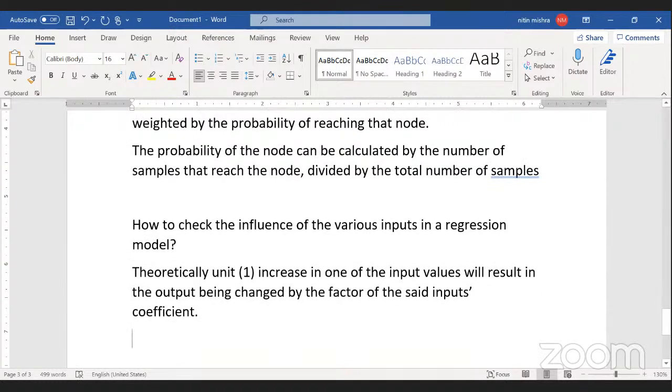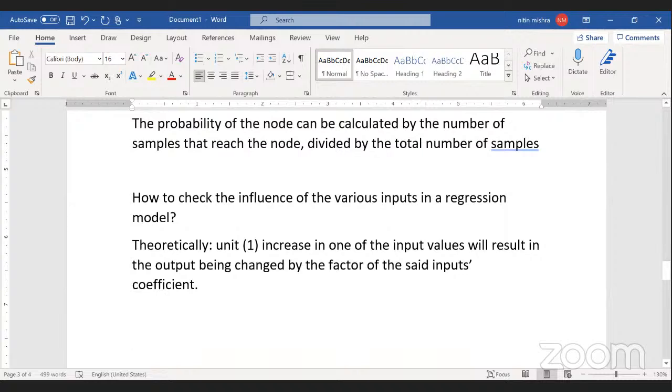All right, theoretically speaking, a unit, that is 1, increase in one of the input values will result in the output being changed by a factor of the said input's coefficient. That is what it is. All right.